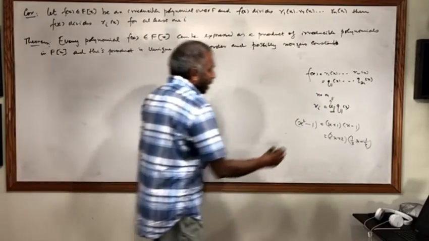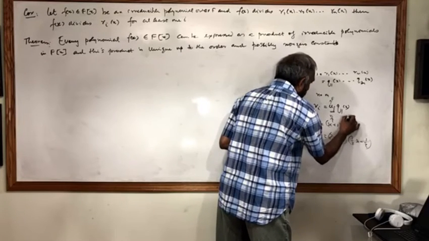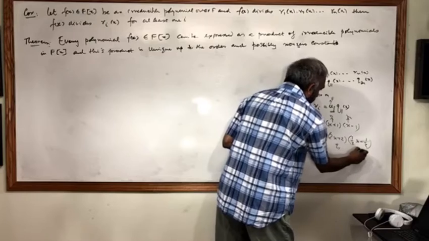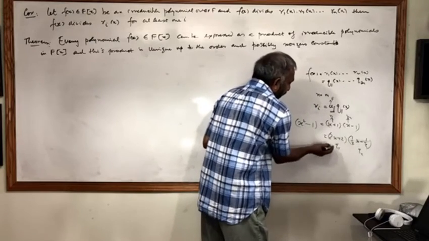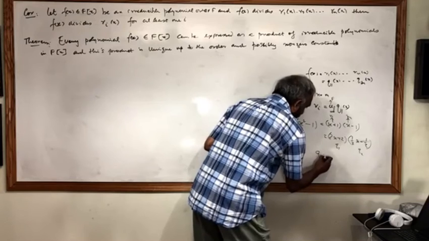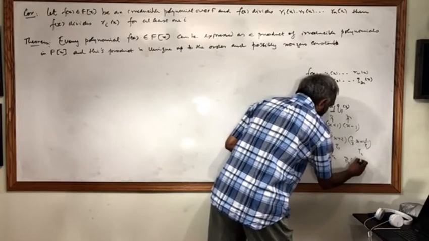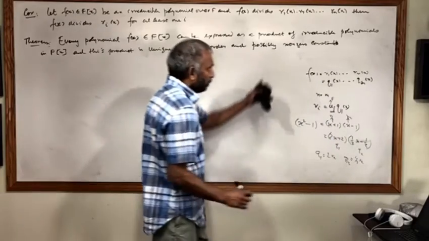So this is our R1, this is R2, this is Q1, this is Q2. Actually this is a multiple of R1. So Q1 is equal to 2 R1 and Q2 is equal to half R2. That's what I meant.